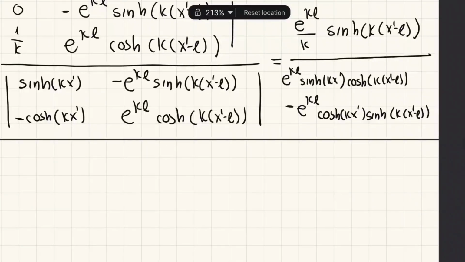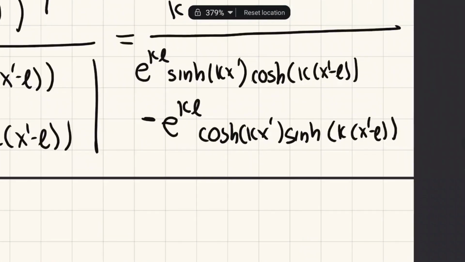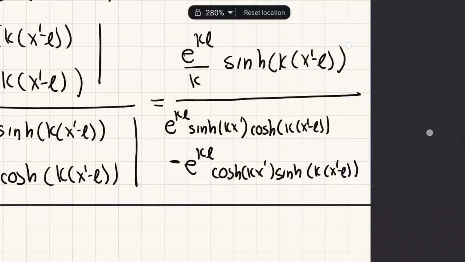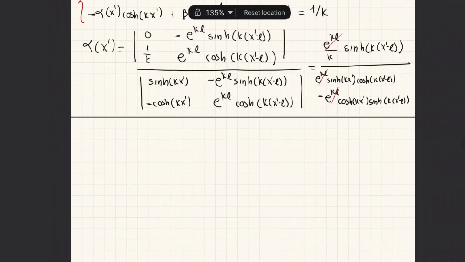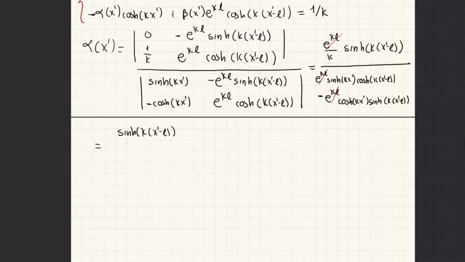Okay, so I think that we need to work a little bit with this expression, right? To simplify just by using trigonometric identities. But we see here that we can cancel this e to the kl with this and this.